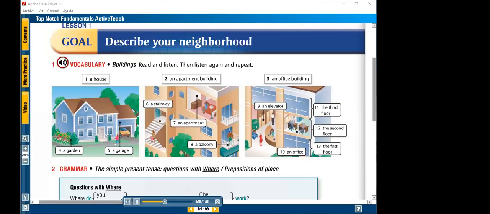The first floor. Now listen again and repeat.